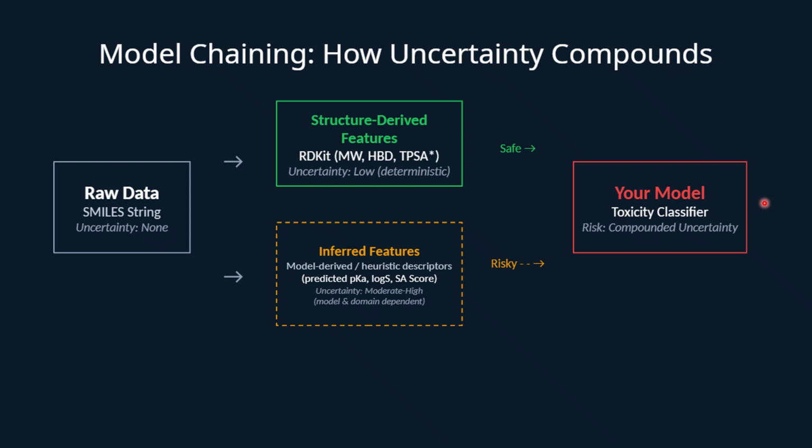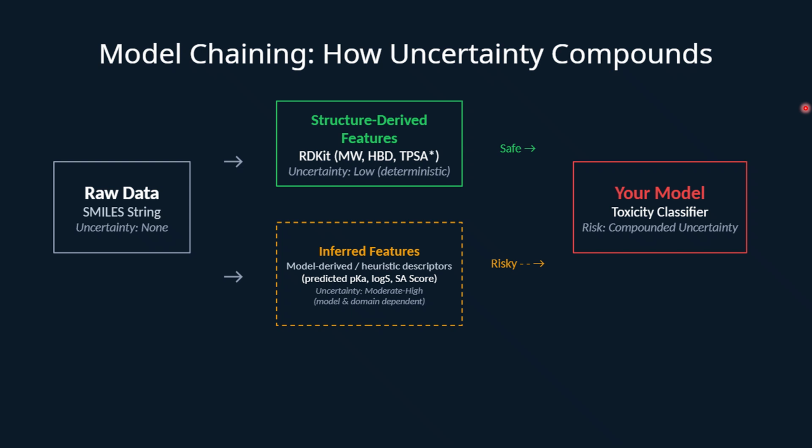So when inferred descriptors are then used as inputs to a downstream model, shown here as a toxicity classifier, the uncertainty does not disappear.